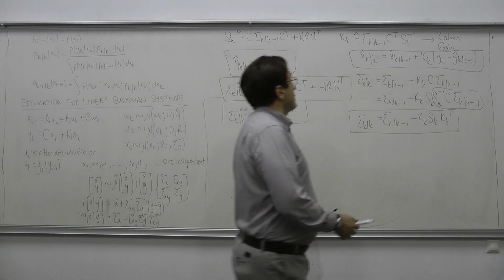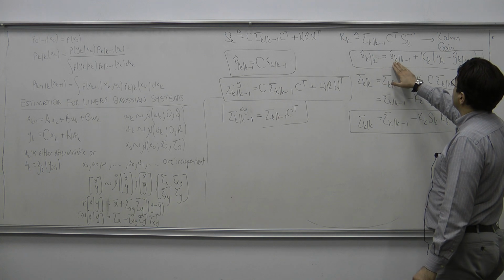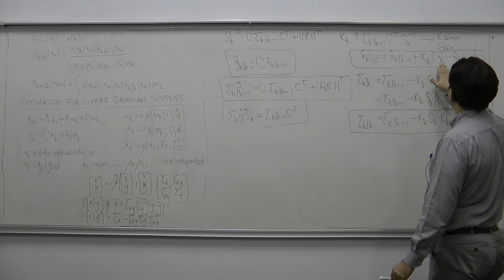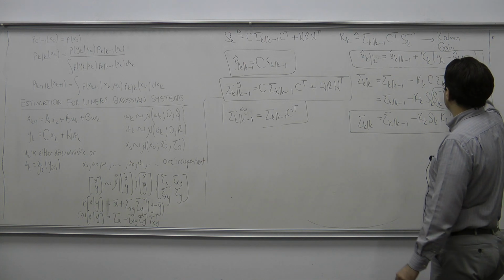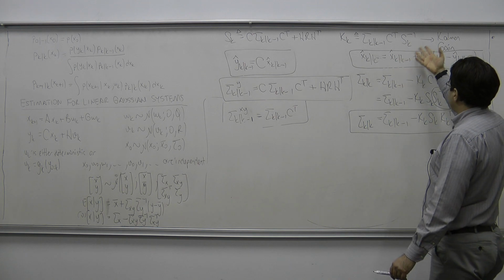So here, in the state update formula, we are taking the prediction and we are multiplying the measurement minus its prediction with a gain and adding it to the prediction. This is the correction that we are doing.